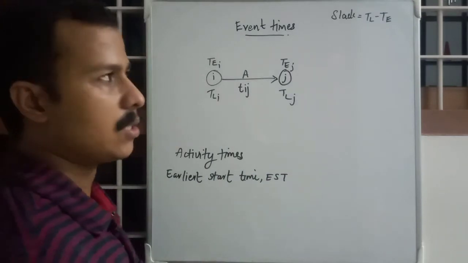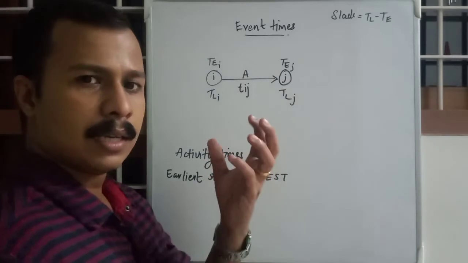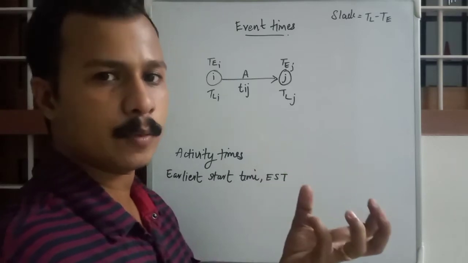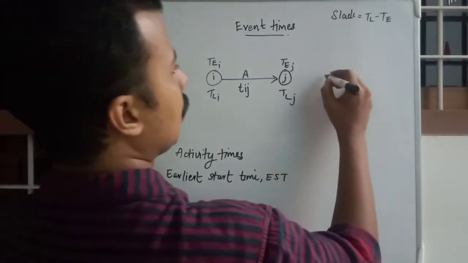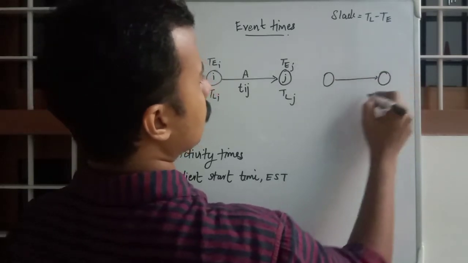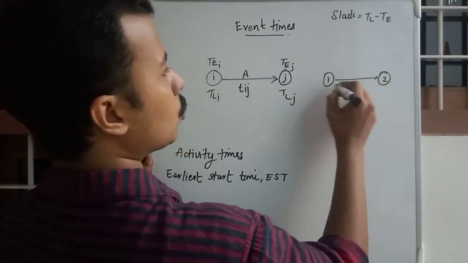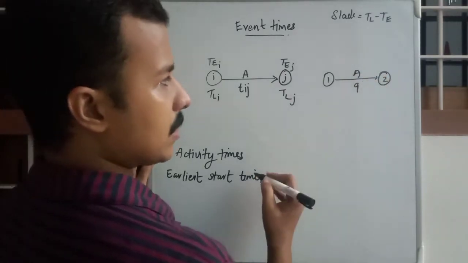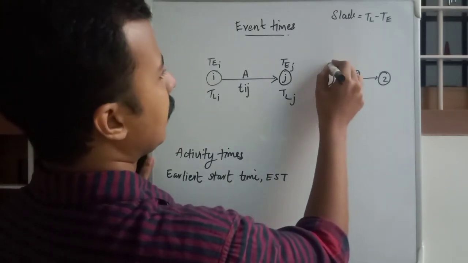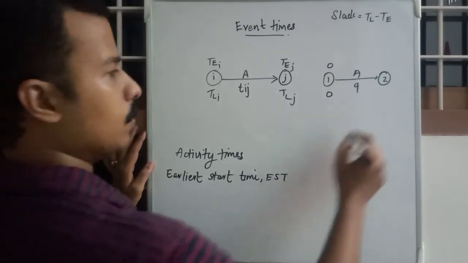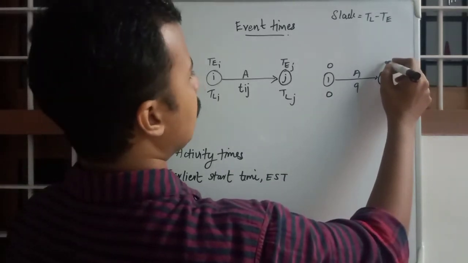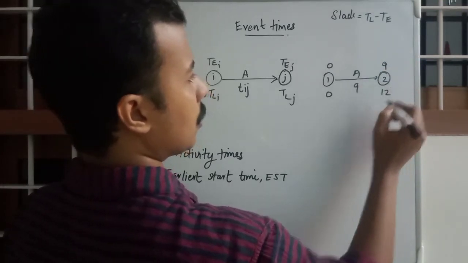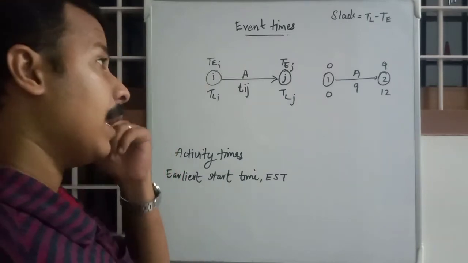We discussed in our last class that TL comes first because it was the latest event time, which will be the largest numerical time value. Suppose you take an example like this: 1, 2, and 9 is the duration, TEI is 0 and TLI is 0, and TEJ is 9 and TLJ is 12, arbitrary values.